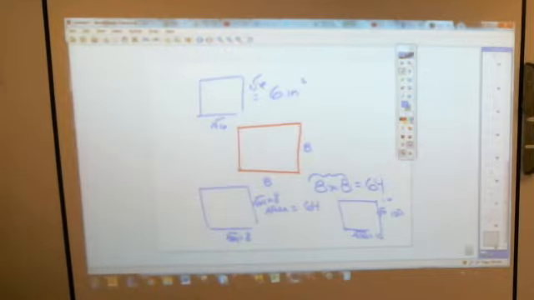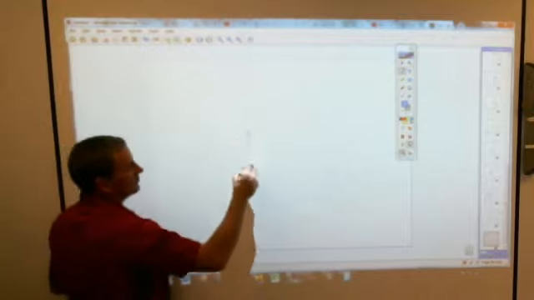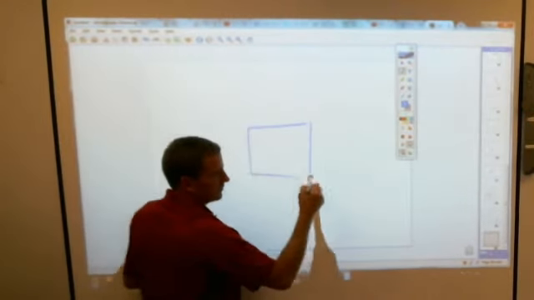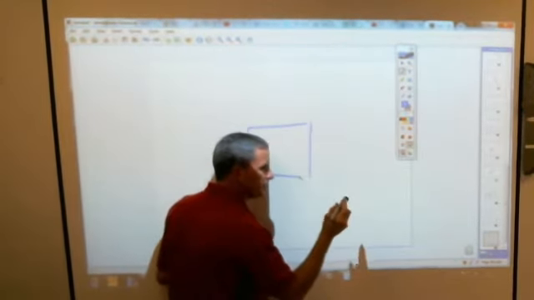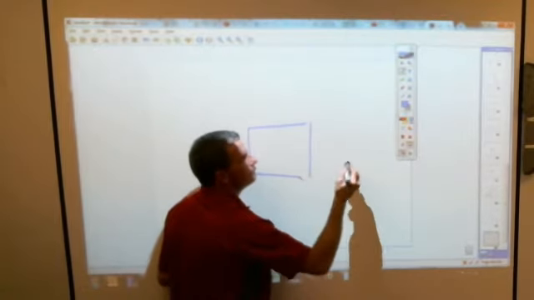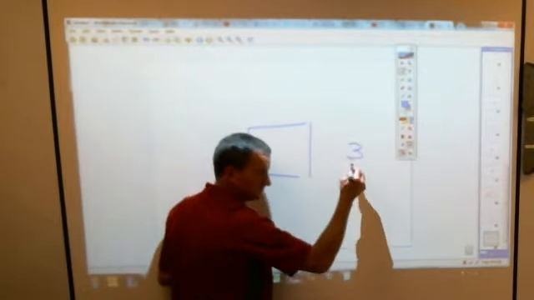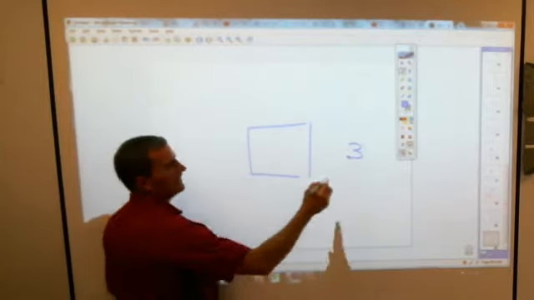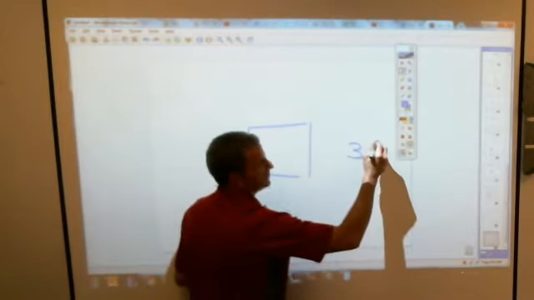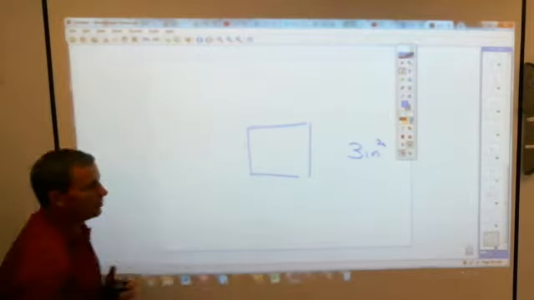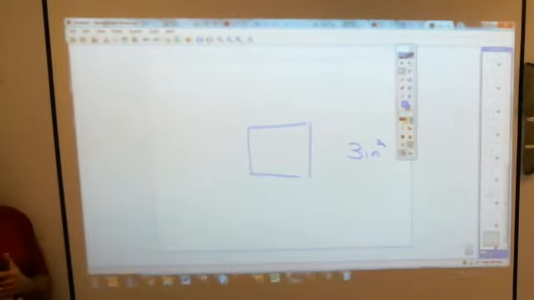Do you get that? Let me give you another example. What if the area of my square was 3 inches squared? How long would each side of my square be?